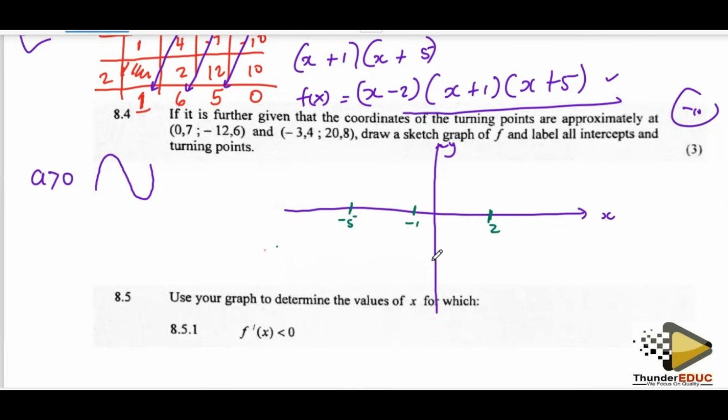Turning point, we said 0,7 and negative, okay, negative something. No, 0,7 and just a negative 12. Somewhere there. Okay. And then this is negative 3,4. Okay, somewhere halfway. And then top there, if I call that my 20.